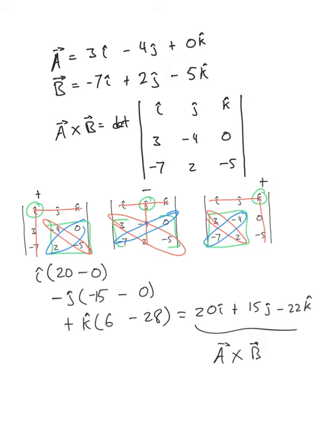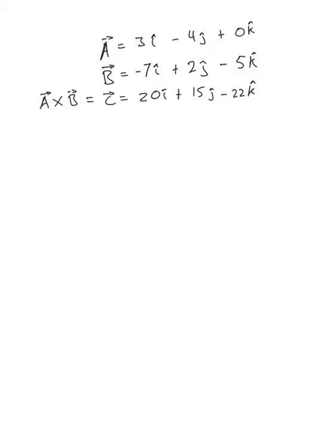Now, it's a bit difficult to determine whether this vector that we have found is in fact perpendicular to both A and B, because it's hard to visualize these vectors in 3 dimensions and really know whether they would be perpendicular or not. In order to check if our vectors really are perpendicular to one another, we can use the other way that we know to combine vectors, which is the dot product.